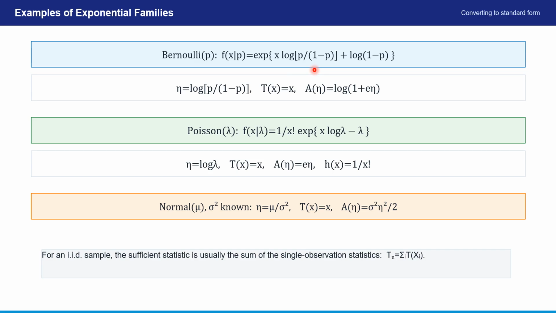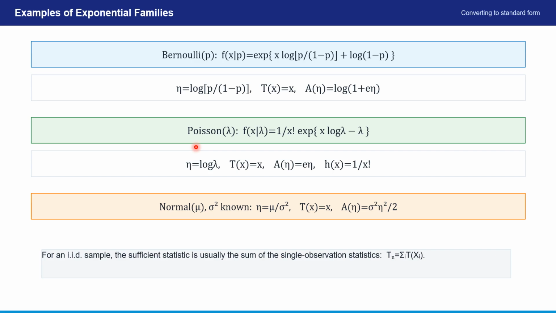The natural parameter is eta equals log of p over 1 minus p. This is called the logit. The sufficient statistic is t of x equals x. The log normalizer is a of eta equals log of 1 plus e to the eta.